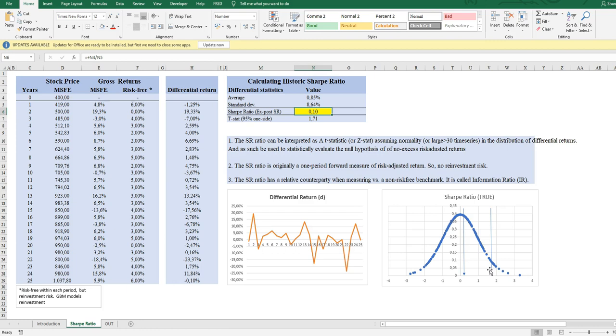The Microsoft stock has not shown any particular skill so that we can reject the hypothesis of zero excess risk-adjusted return. Very, very complicated long sentence.